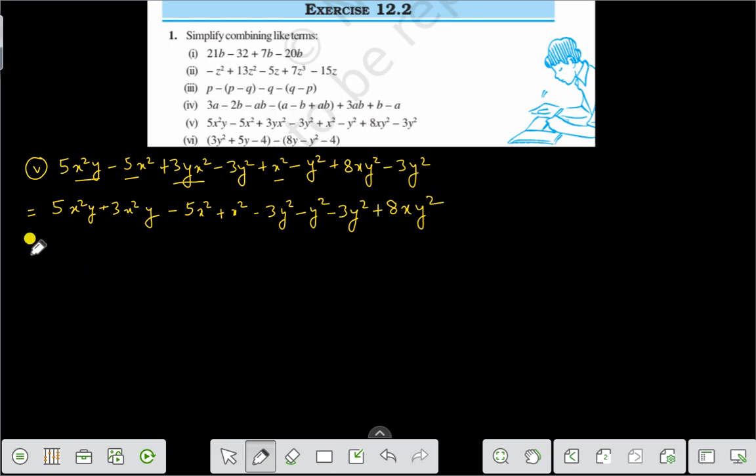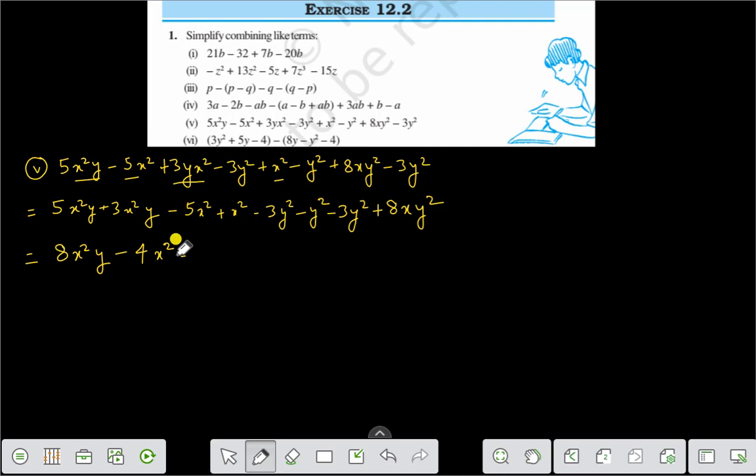Right, now here you get x square y: 5 plus 3 is 8, 8x square y. Minus 4 minus 5 plus 1 is minus 4, that is minus 4x square.